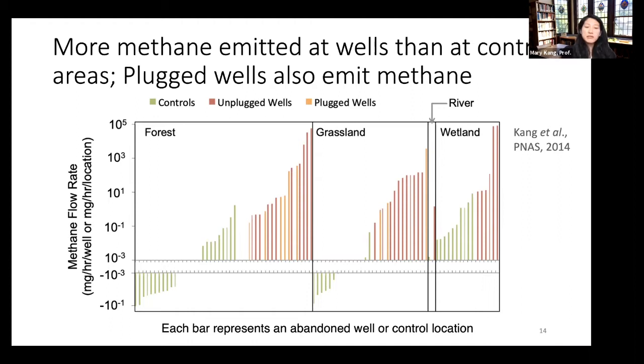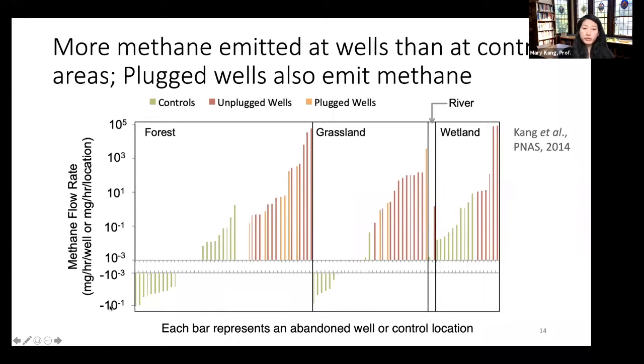So like 5 meters away, I also did the same kind of what are called chamber measurements to look at emission rates. And you can see, the red and orange lines represent measurements at wells, and the green lines represent kind of background emission rates. Each of these is a single measurement.